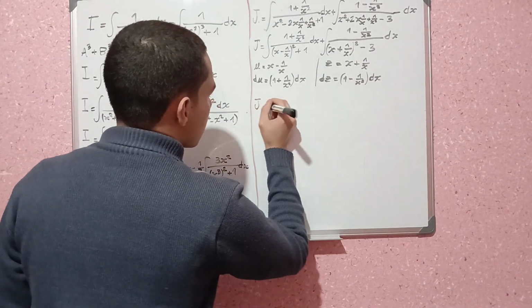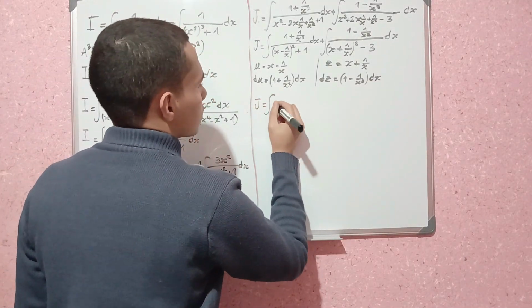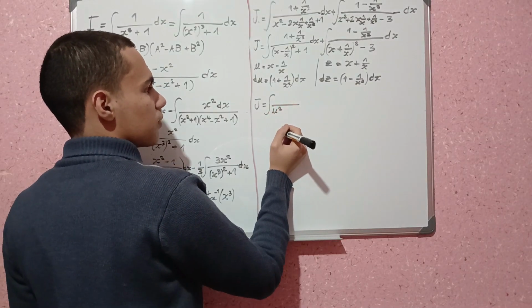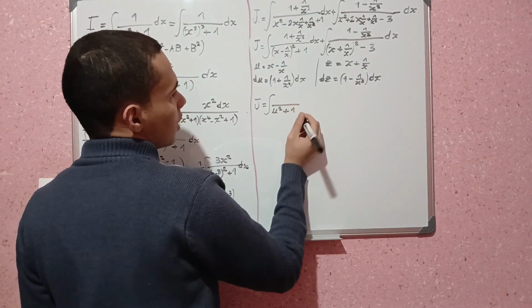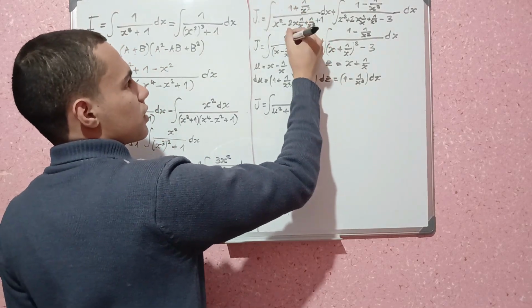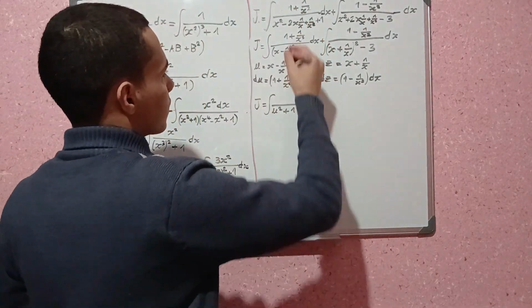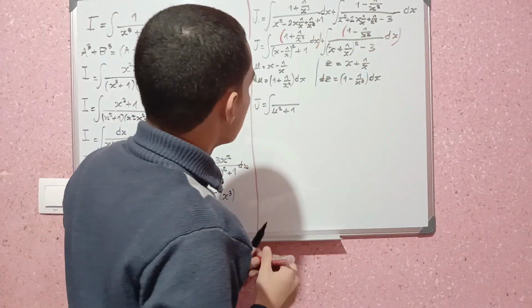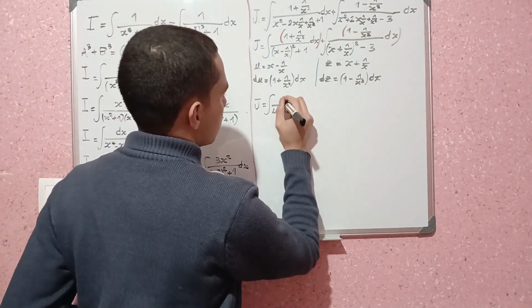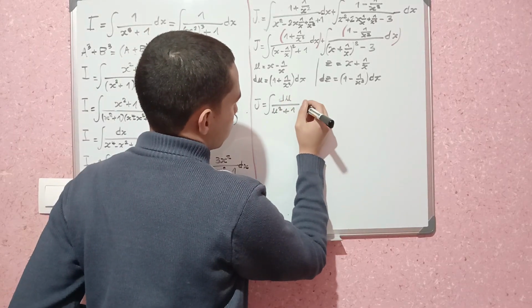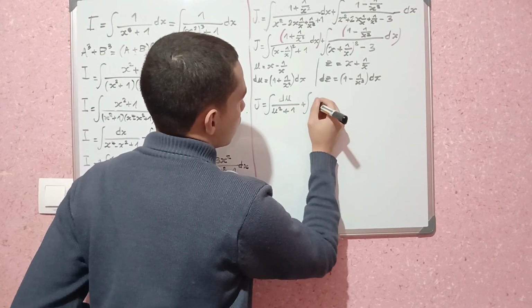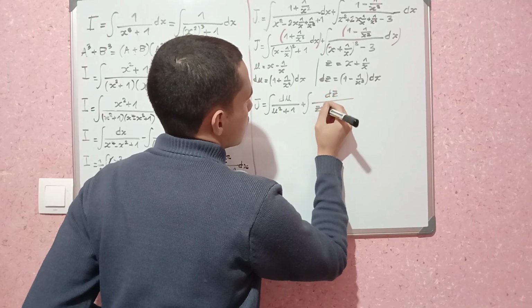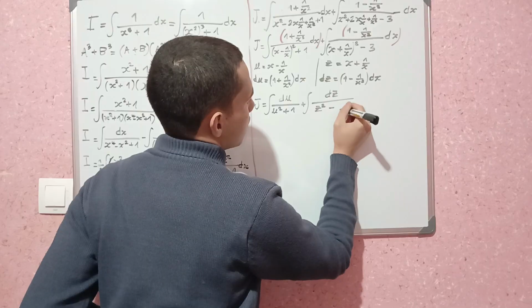Therefore G equals the integral of what? Here we have u squared plus 1, this whole thing, du, plus the integral of dz over z squared minus 3.